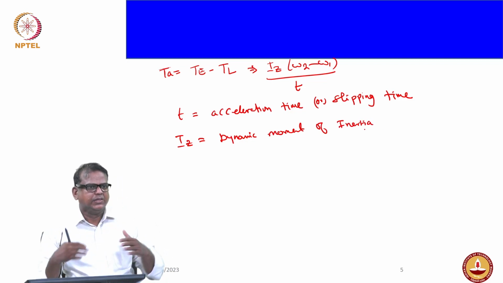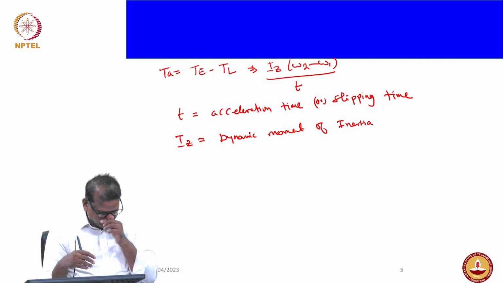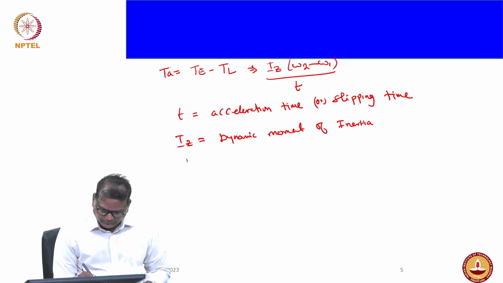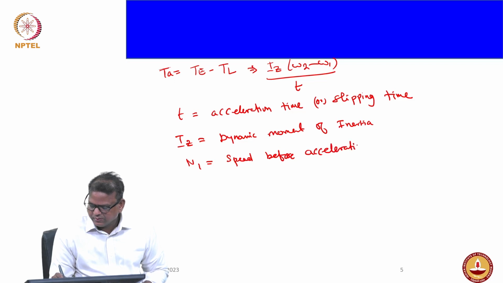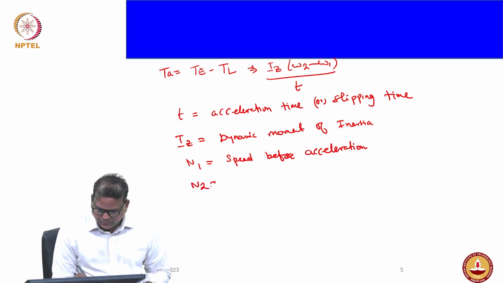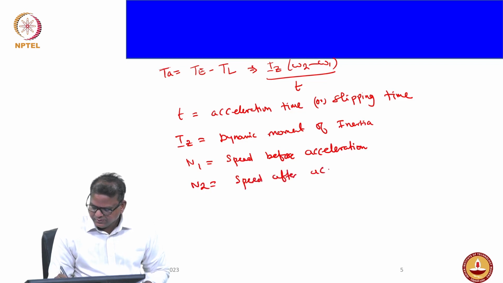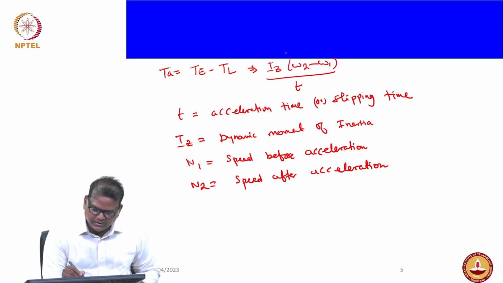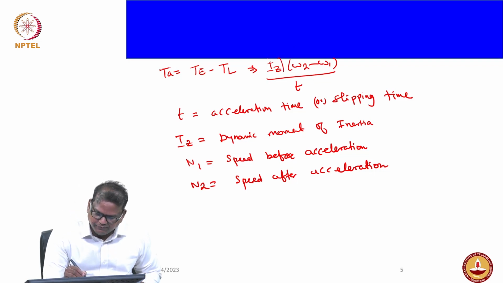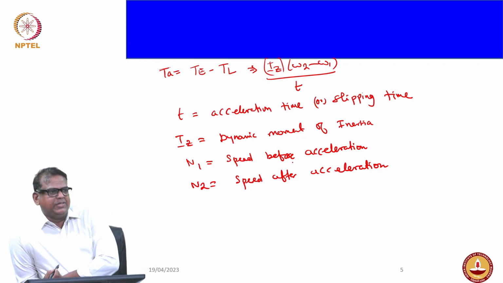Dynamic in the sense that it's rotating, right? N1 is the speed before acceleration, whereas N2 is the speed after acceleration. So we just wanted to understand the dynamic moment of inertia.